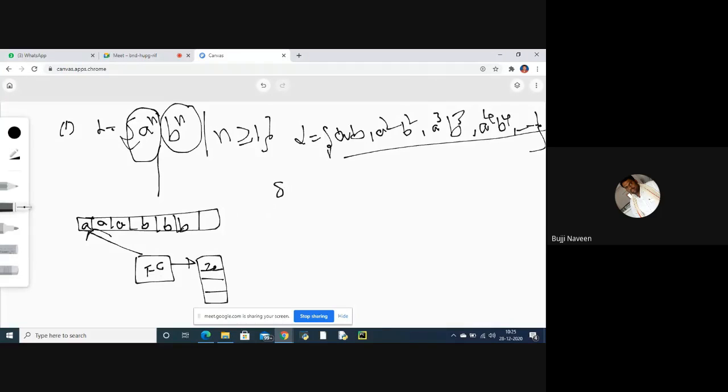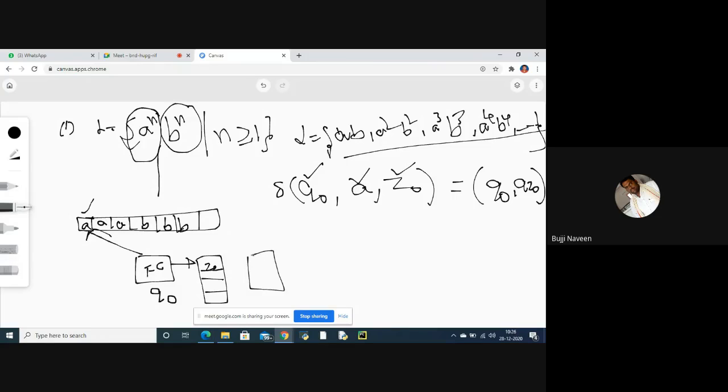First of all, the production: delta of q0, comma, the input tape is a, comma, Z0. If the push-down automata is in the state q0, if you have the input a and the stack symbol is Z0, then we need to push into the stack. So it is q0, comma, aZ0.